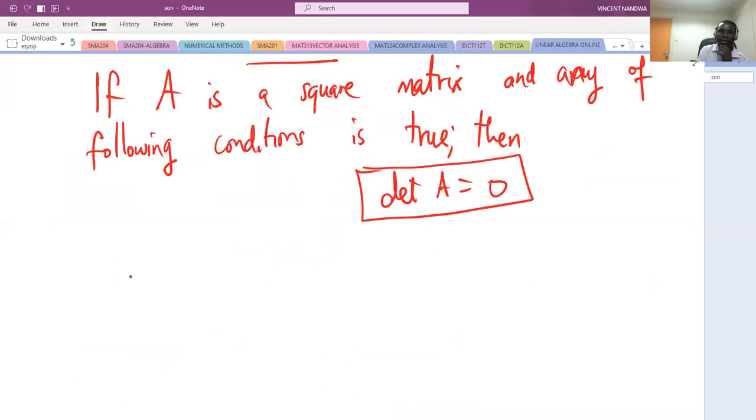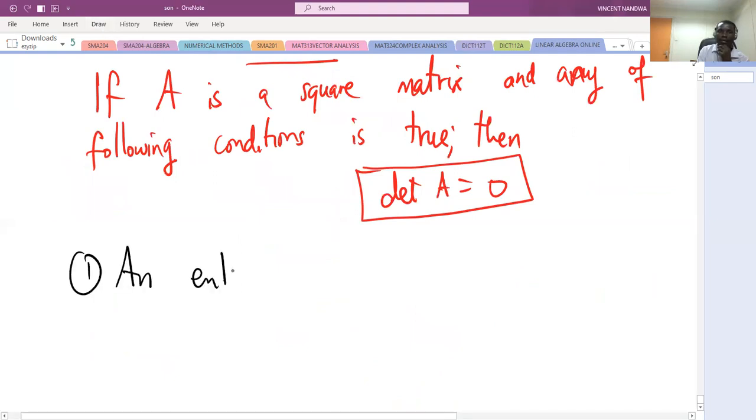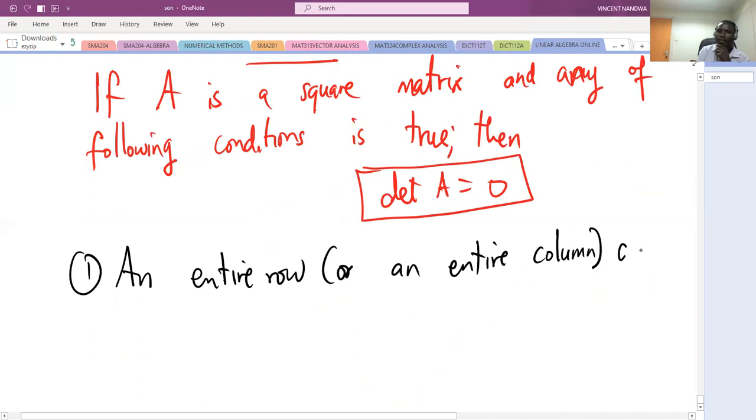So these are the cases of the conditions. One, an entire row or column consists of zeros.